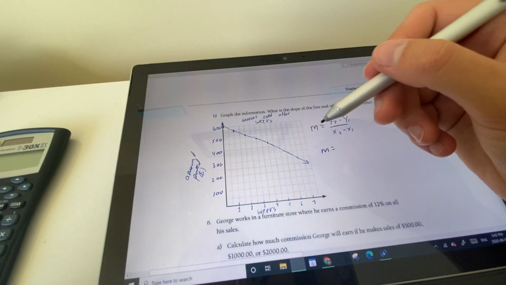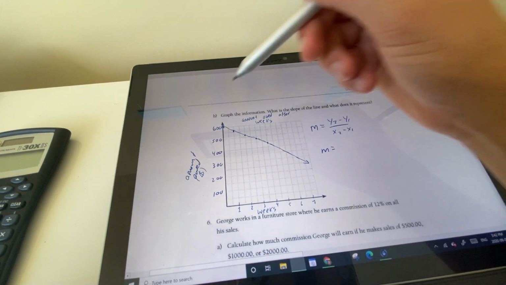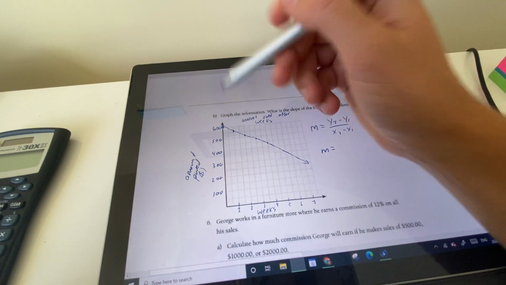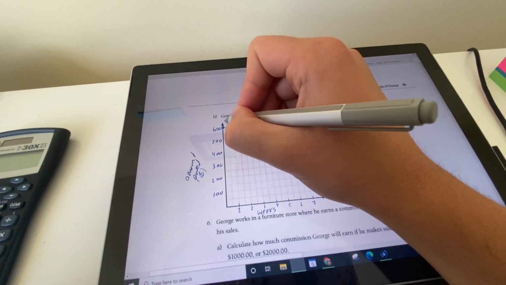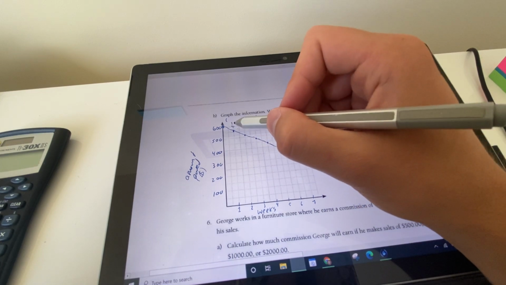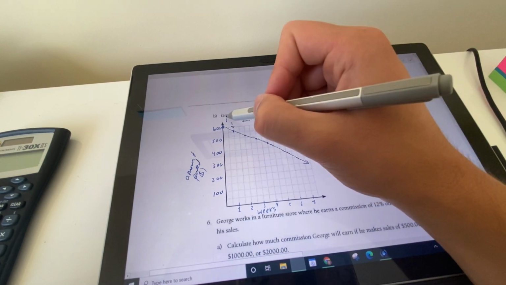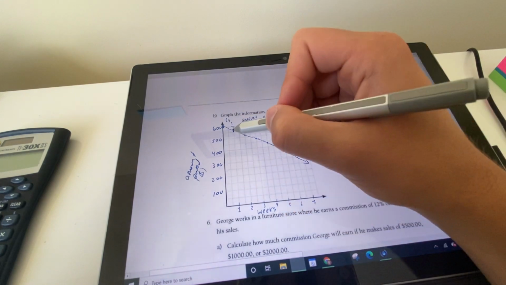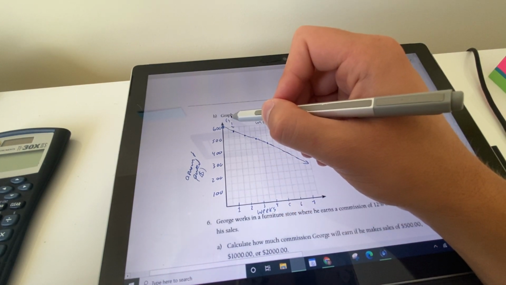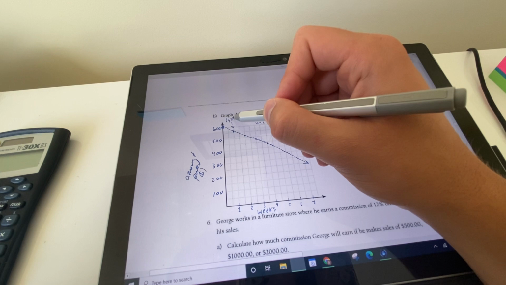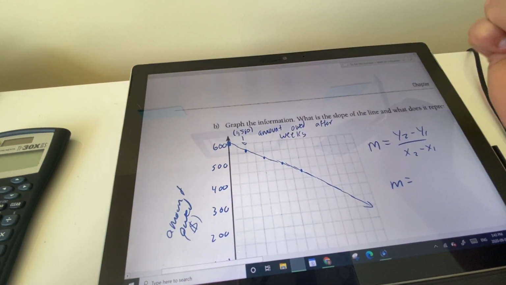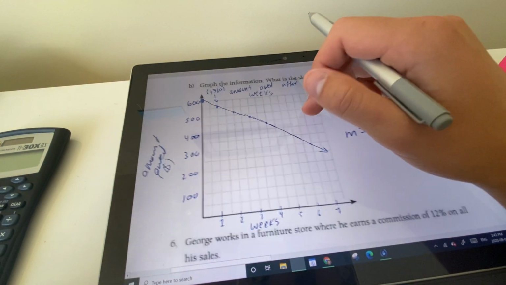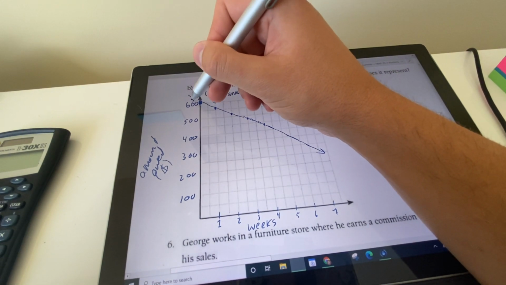So let's choose some points on the graph. You would have been hopefully writing these down. This point here is x is 1, and y would be 560, because 600 minus 40 after the first week is $560. We could also use this point, which is really easy to use.